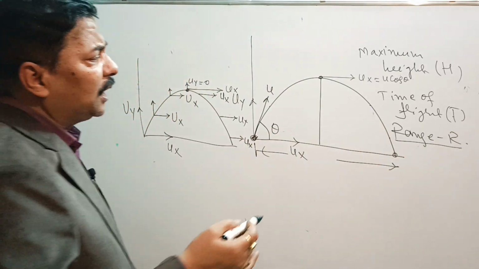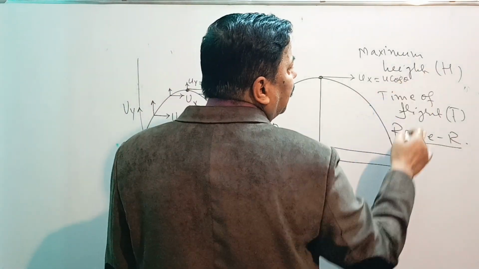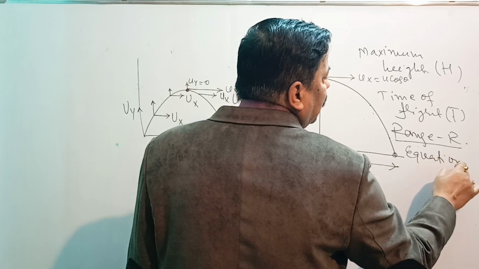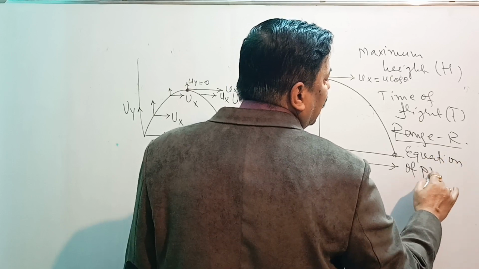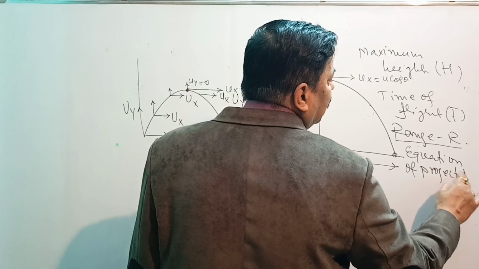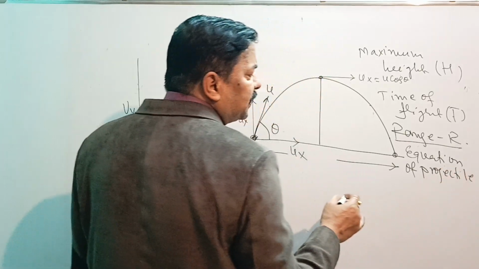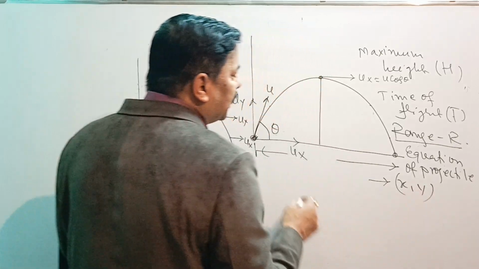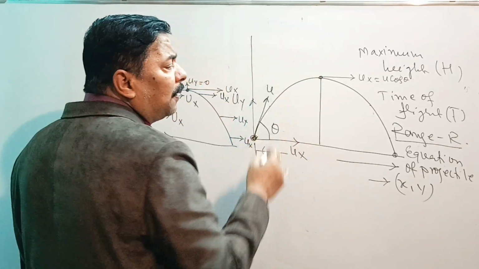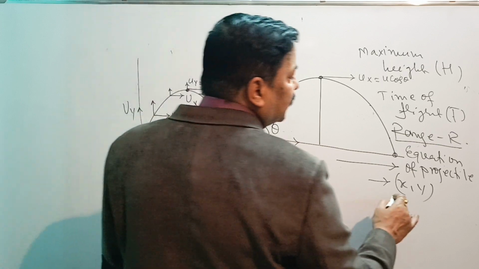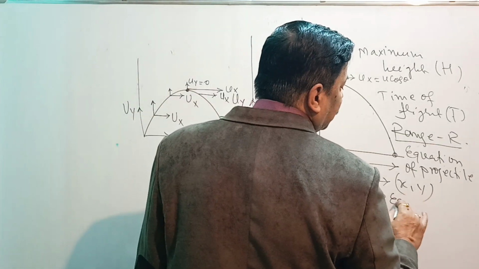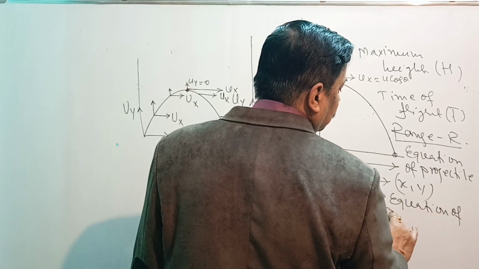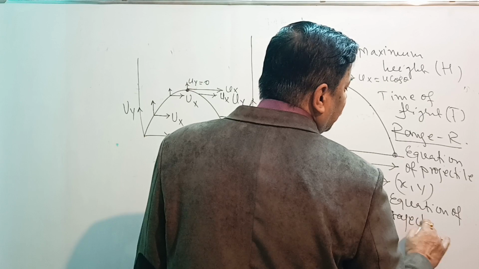So this is the projectile, and one more thing is there regarding the parameters. Equation of projectile is basically the relation between x and y. What is x? X is the horizontal distance and y is the vertical distance. This relation will give you equation of trajectory. And what is trajectory?